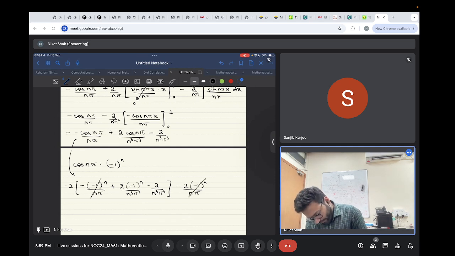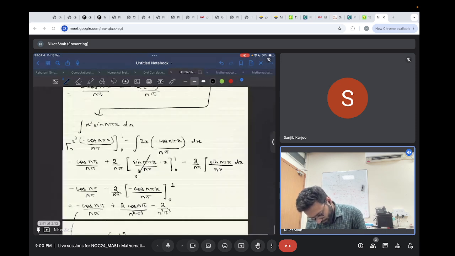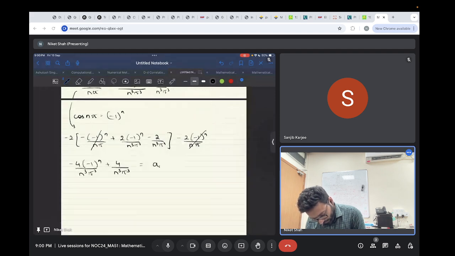Okay, minus 4 minus 1 raised to power n divided by n cube pi cube plus 4 divided by n cube pi cube. So this is what the integral gives us, and this is equal to a n sinh of n pi.